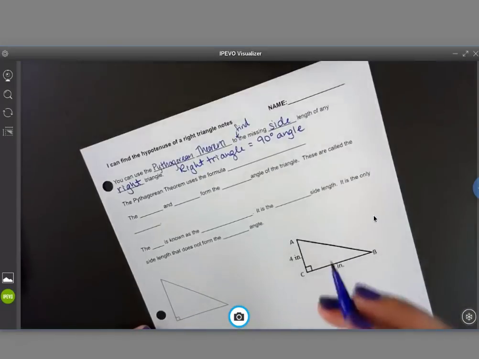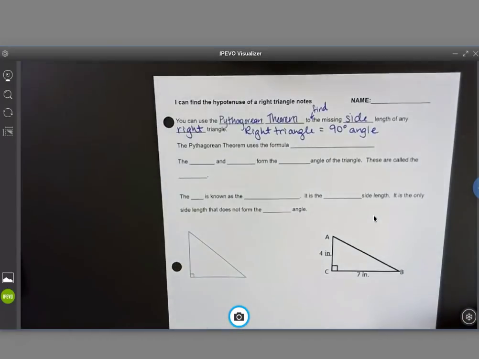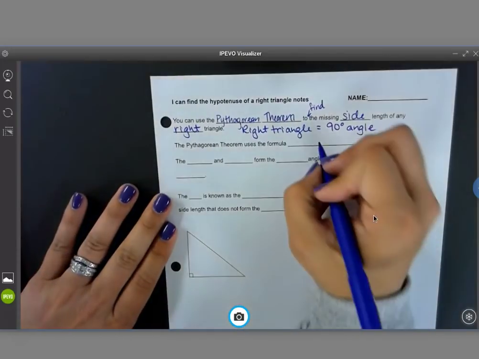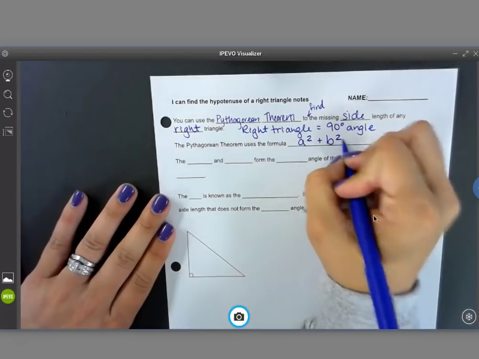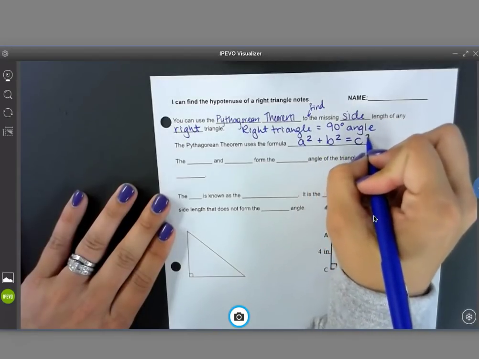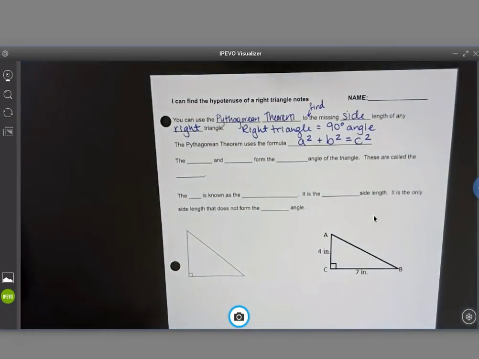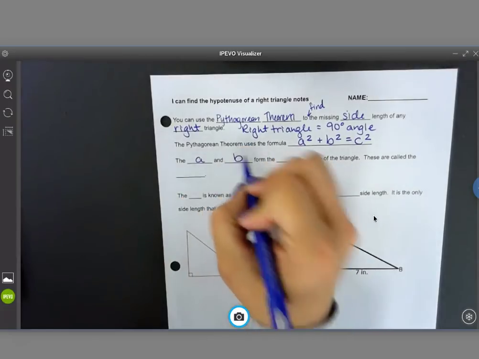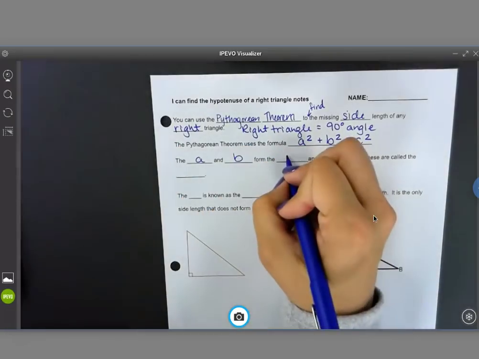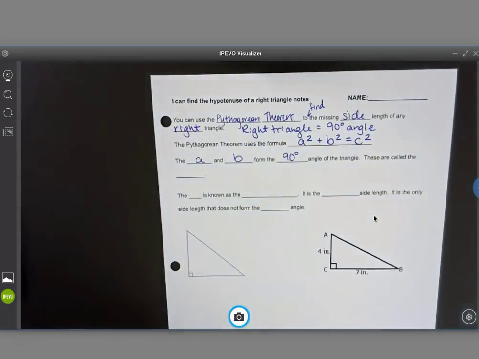The Pythagorean theorem uses the same formula every single time. It's a squared plus b squared equals c squared. The A and the B are going to form the 90-degree angle.